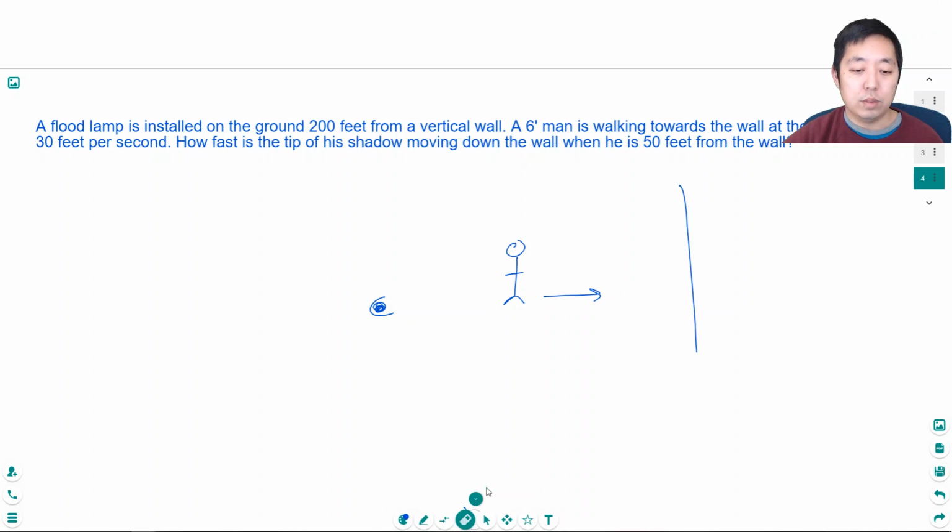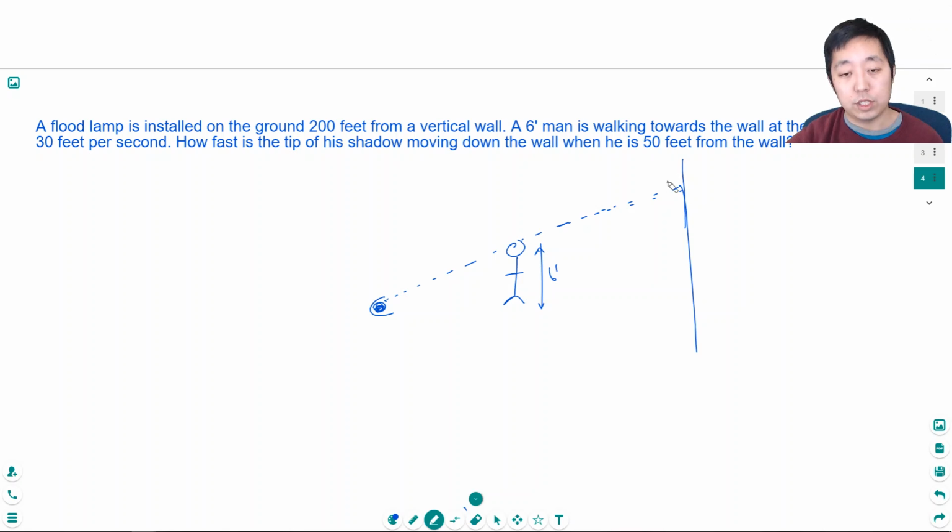Well, I don't know. Let's draw it. So he's 6 feet. In general, if I were to draw a light and a shadow, it's going to be like this on the wall.